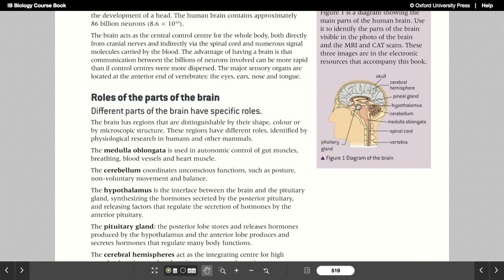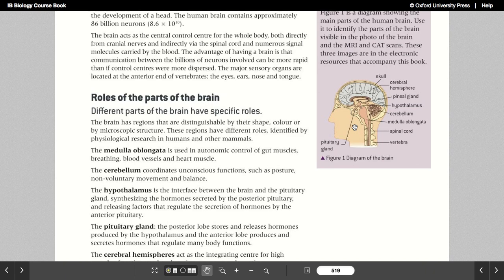It also does things like your sex drive and your thirst and hunger regulation. Your cerebellum is going to do motor and coordination. And your medulla oblongata, if you recall, does a lot of autonomic controls.